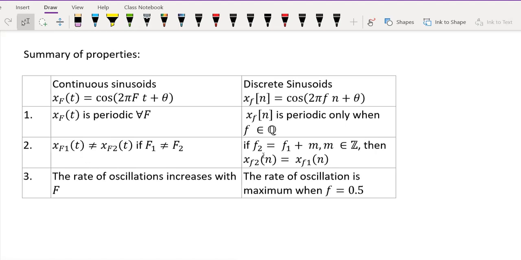In the discrete case, whenever two frequencies are separated by an integer, they result in the same sinusoid. In the continuous case, the rate of oscillation keeps increasing with frequency f, whereas in the discrete case, the rate of oscillation increases from 0 to 0.5, then decreases until 1, then starts increasing and so on. Therefore, the maximum frequency is 0.5.